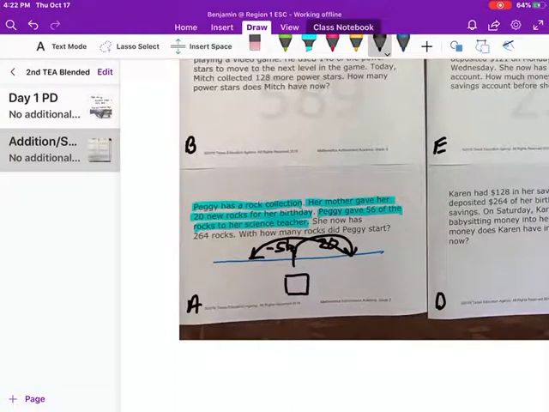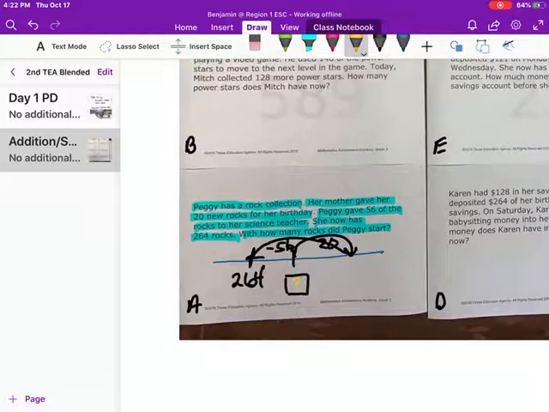She now has 264 rocks is the next sentence. So here, I know I have 264 rocks. The last sentence is: with how many rocks did Peggy start? So I am trying to determine this unknown here. One way to solve this is working backwards.